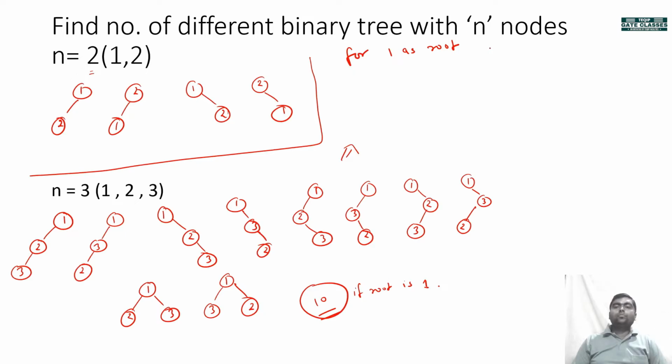So 1 as root, so कितने निकल के आ रहे हैं? 1 as root is going to be 10, and if we fix 2 as root, then we will again get 10 as the answer. 10 binary trees are possible, and if we fix 3 as root, again we will get 10 as answer. So overall, how many binary trees are possible? 30 binary trees. Okay, 30 binary trees.